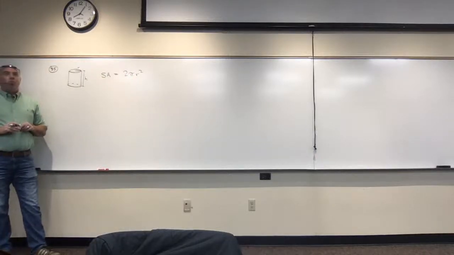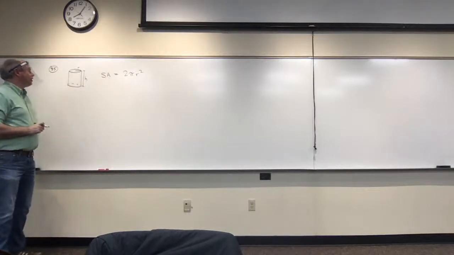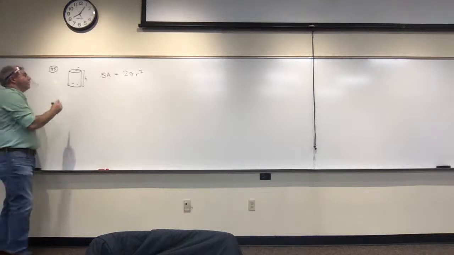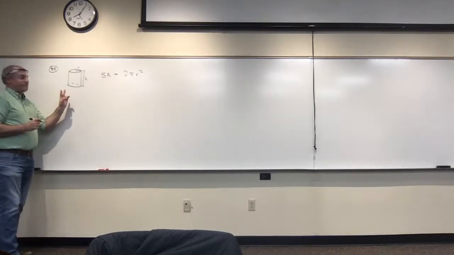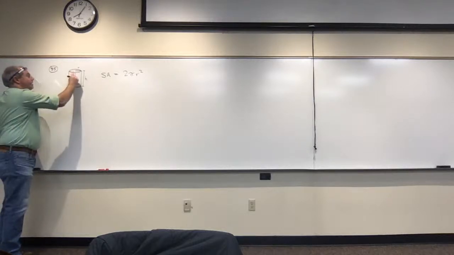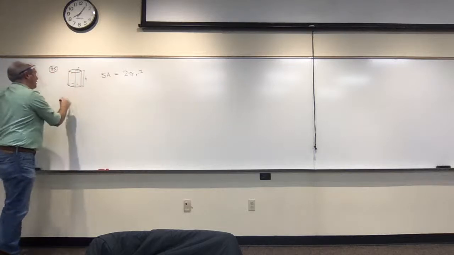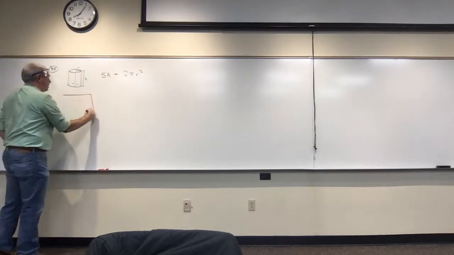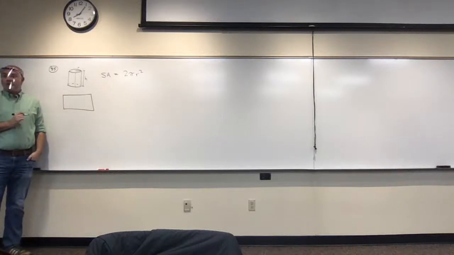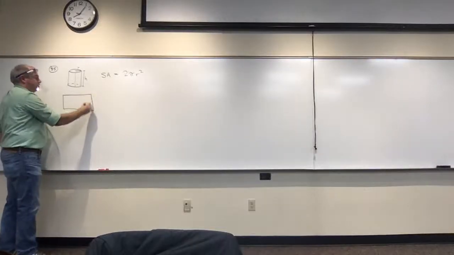What is the surface area of the outside of the cylinder? If you're having a hard time visualizing that, what if I took a pair of scissors and cut it right down here, and then unrolled it? It would just be a rectangle, correct? What's the height of this rectangle?